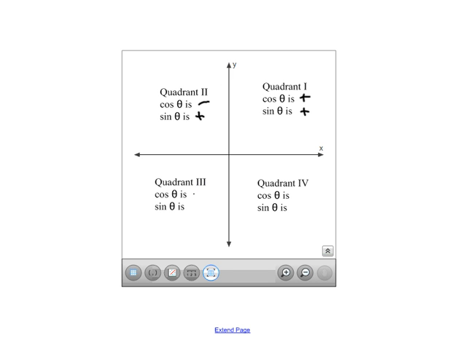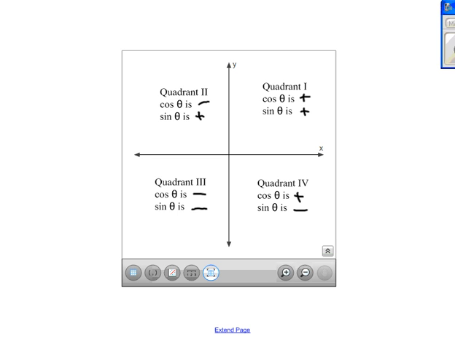In quadrant 3, they're both negative. Cosine is negative, sine is negative, right? The x-coordinates are negative and the y-coordinates are also negative. In quadrant 4, cosine is positive because the x-coordinates are positive, and the sine of theta is negative because the y-coordinates are negative.